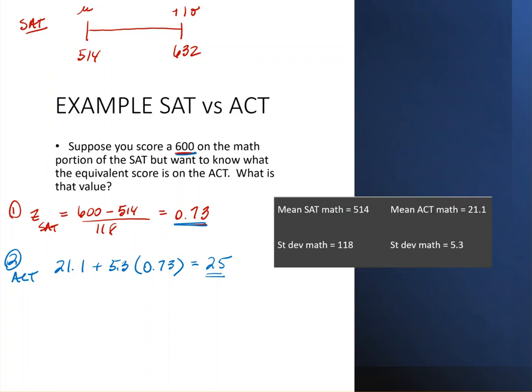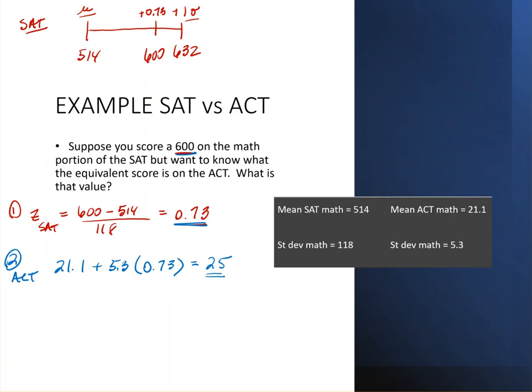Remember, that is to go from the mean up by 1 standard deviation. Our score for the SAT was somewhere here at 600. That wasn't 1 full standard deviation. However, that was 0.73 of a standard deviation.